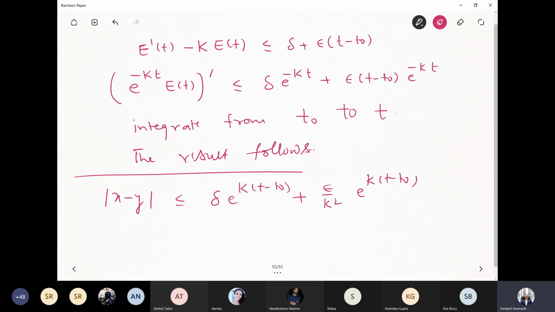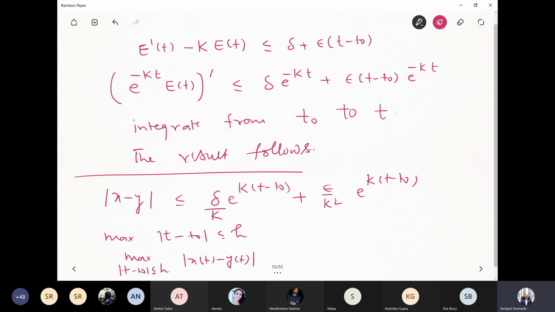Okay, so what I meant to say is that you take the maximum over t lying in the interval that we had, t minus h to t plus h, where you had delta by k. So when you take the maximum over this, you get the maximum over mod t minus t naught less than or equal to h of mod x(t) minus y(t).